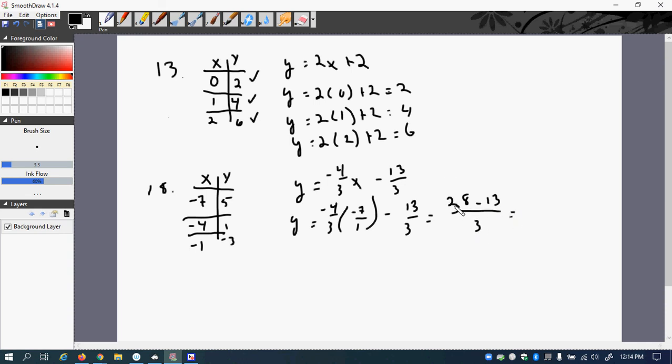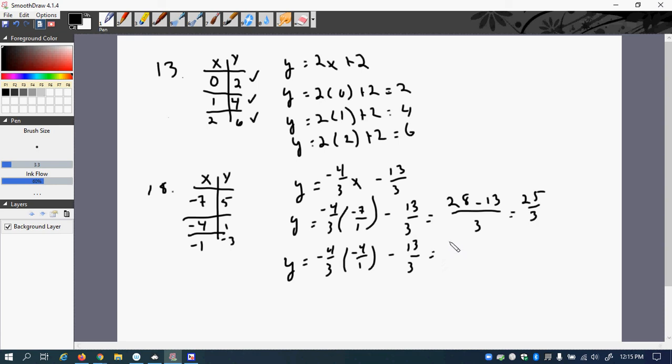And so 28 minus 13 is basically 25, I believe. Okay, and then y equal to -4/3 times -4 over 1 minus 13/3.